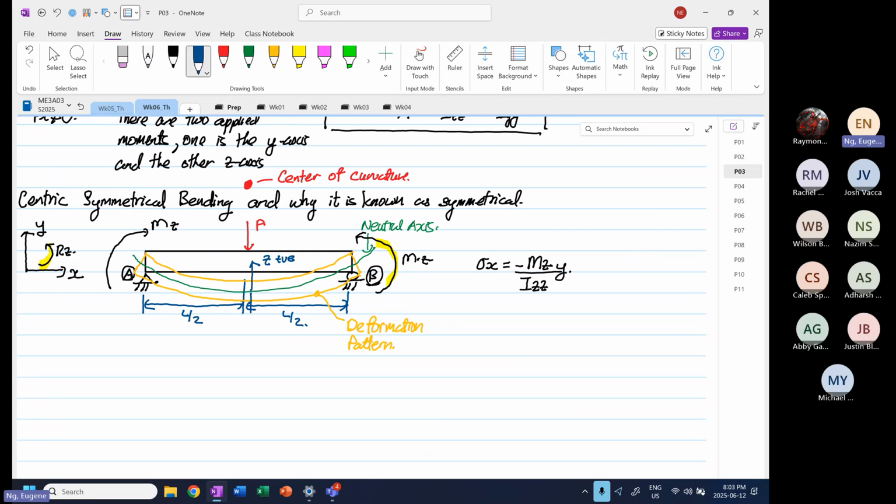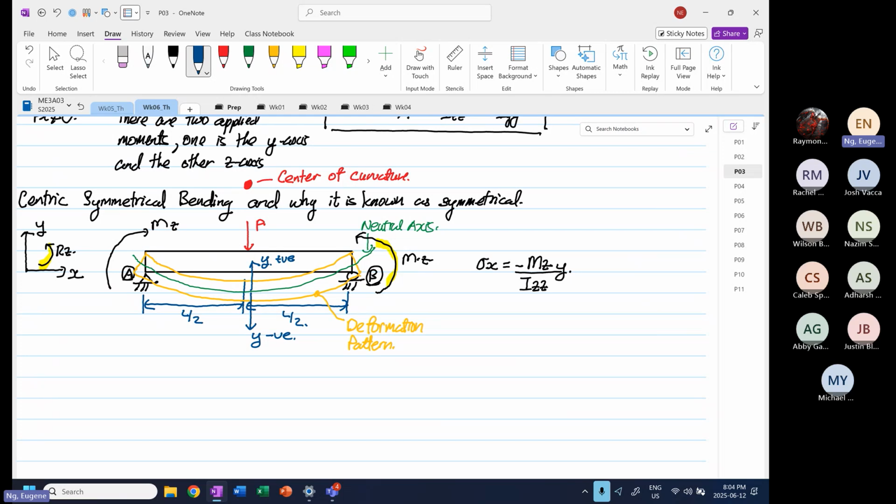Pointing away from the center of curvature relative to the neutral axis, Z is what? Negative. Sorry, not Z. What am I talking about? Y. Come on, Yuji. So Y is negative over here, Y is positive over here. Pointing towards the center of curvature from the neutral axis, Y is positive. Pointing away is negative.